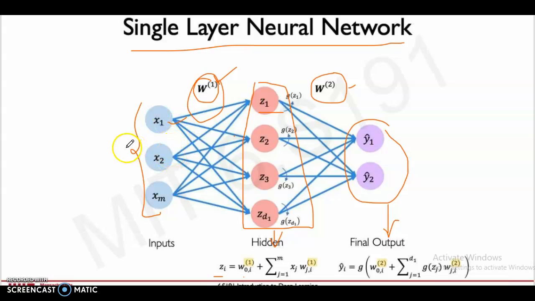When x1 comes, xj equals x1. Here xj equals x2. Here xj equals xm.